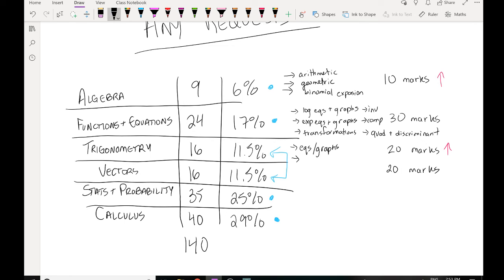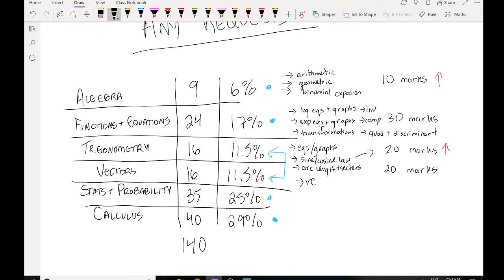There are all of the sine law, cosine law, the geometric applications. So that would be arc length and sector area as well. All of that stuff will be in that 20 marks from the trig section, but it does tend to be a little bit more.